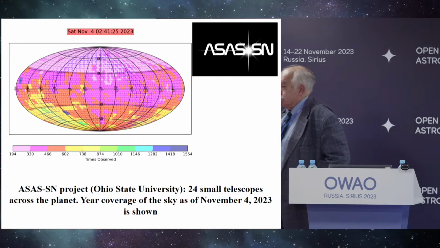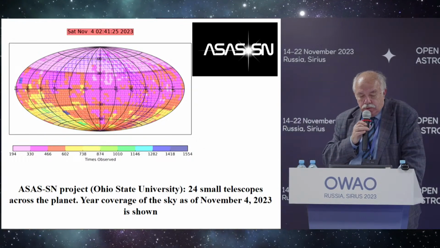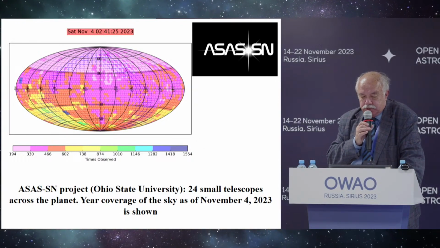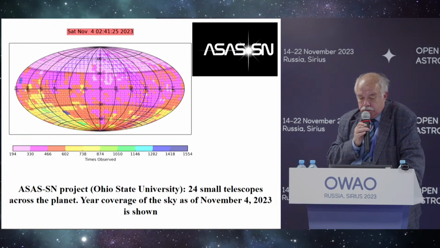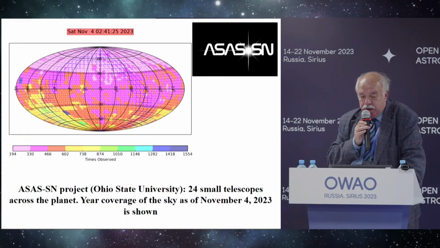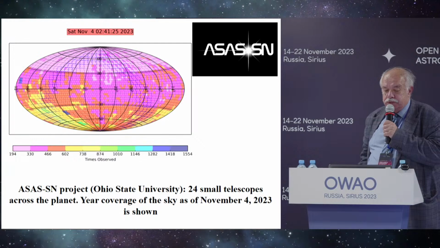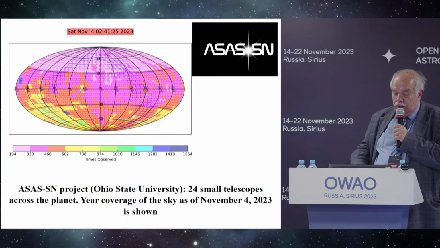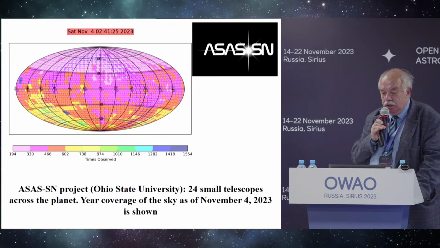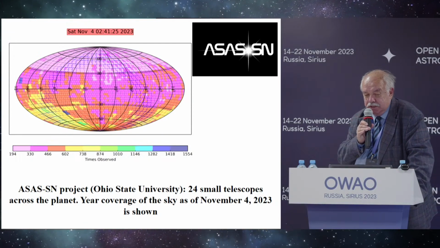Again, a ground-based project of these years, the so-called ASAS-SN project, which was organized by Ohio State University. They have 24 small telescopes across the planet. And here the picture shows one year coverage of the sky as of November the 4th this year.